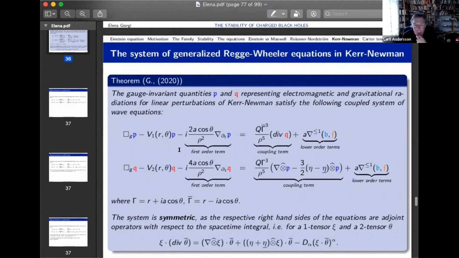So now this modified operator is a symmetry operator for the system, not for the wave equation, but for the system. Okay, very interesting. So that's where you will have to apply your method. Basically, you commute with dt, d phi, and then you have to commute with this modified operator. And in all this, you create lower order terms in a, which is why small angular momentum is of course crucial.